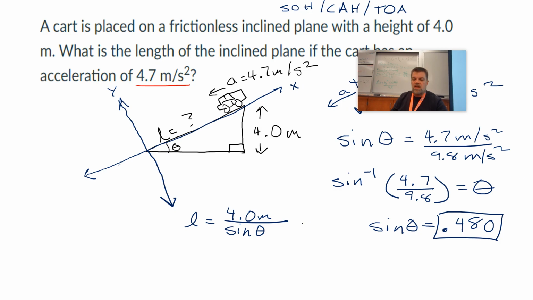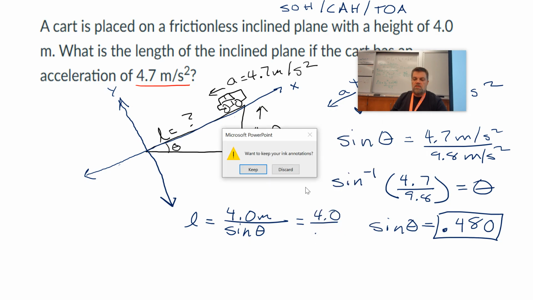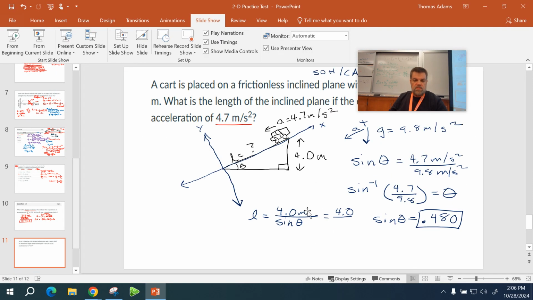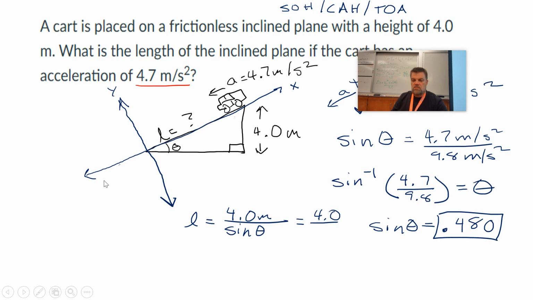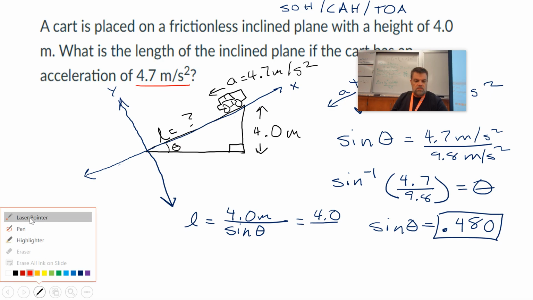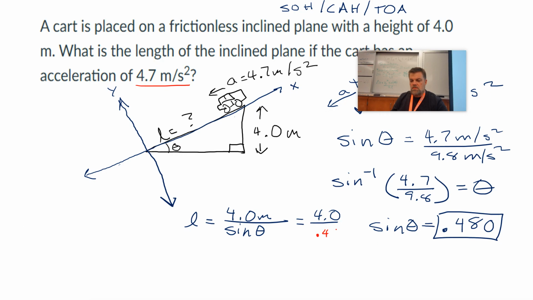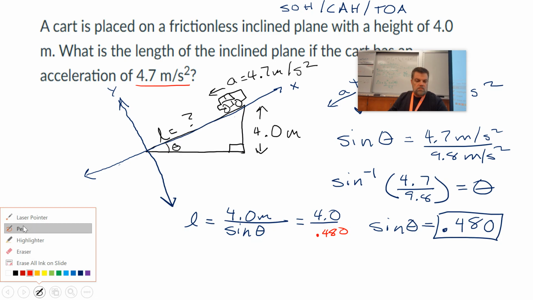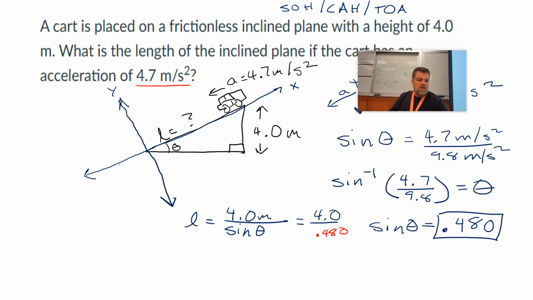And so this would be 4.0 divided by 0.480, and if I plug that into a calculator, I think it's about 8.3. So we'll say 8.3 repeating meters.